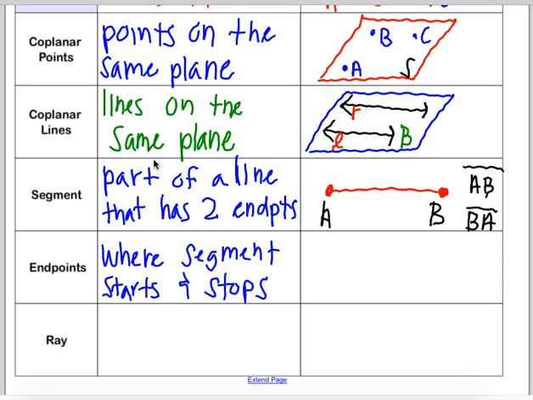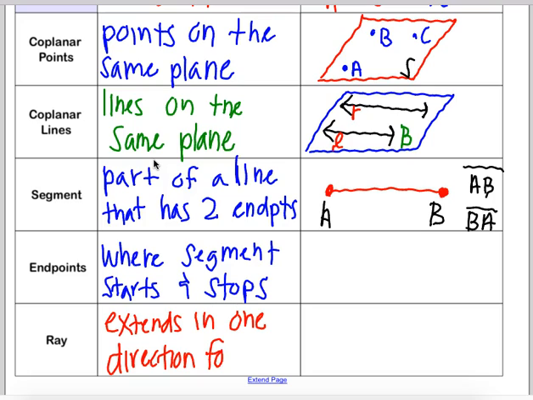And then lastly here, guys, to end out our definitions, is a ray. A ray extends in one direction forever. So it's kind of like a line, but it only goes one way, whereas a line goes both ways.